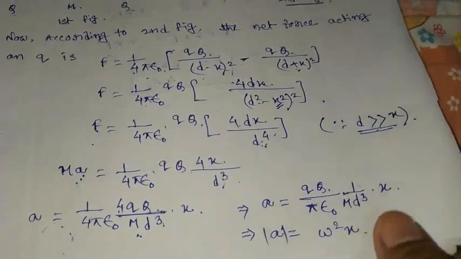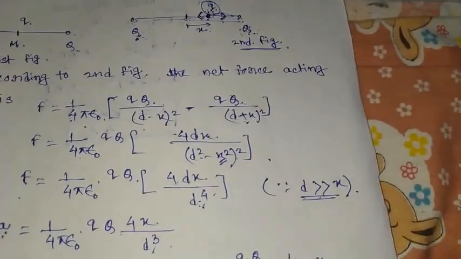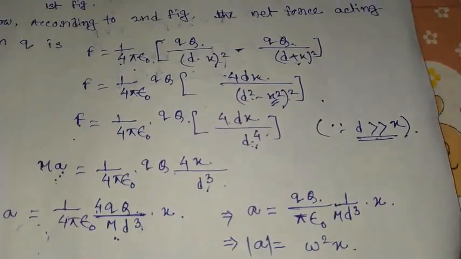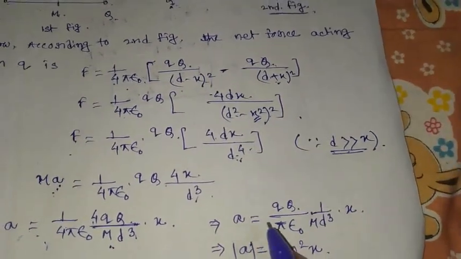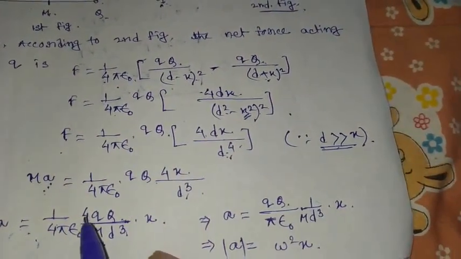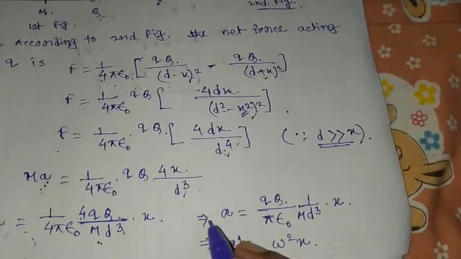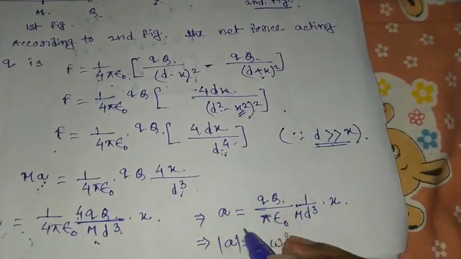It is the division, so m comes in the denominator. The 4s cancel each other, so a is written in this form.